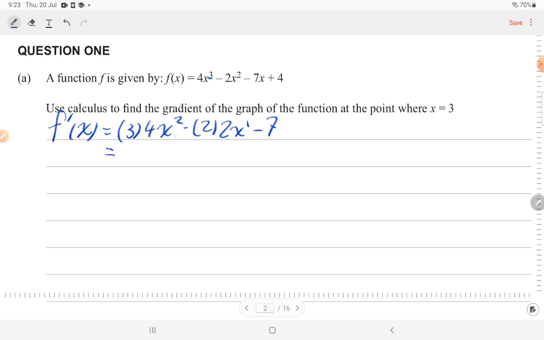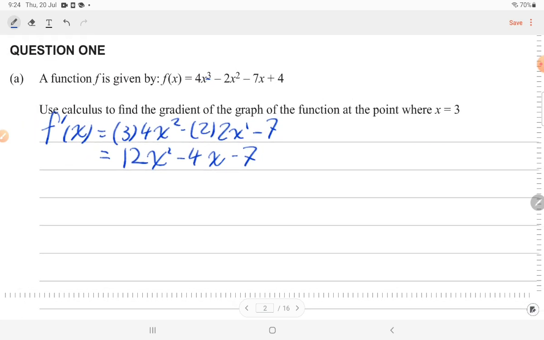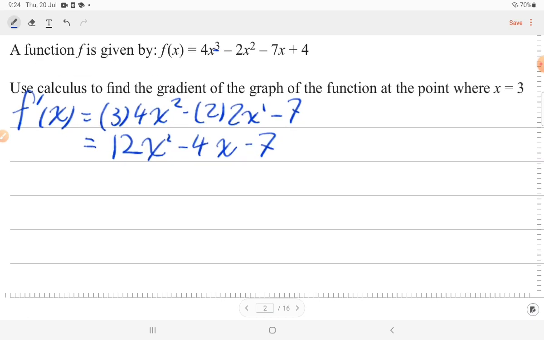We multiply this together. 3 times 4 is 12, so 12x squared. Take away 2 times 2 is 4, and x to the power of 1 is just x, and this is just 7. So we want to find the gradient of the graph at the point where x is equal to 3. So we just plug 3 into here. So we want f dash of 3, which is equal to 12, plug 3 into here, squared, take away 4 times 3, take away 7.